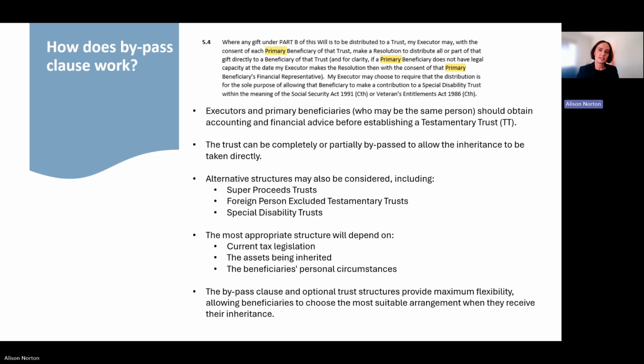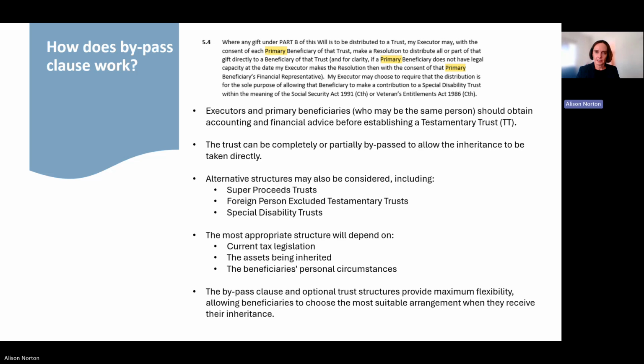Or if they decide to set up the trust, what assets to put in it. They don't have to put all of the assets in it. They can keep some out. They've got real flexibility about it. So they want to get that financial advice because it's going to depend whether it's a good idea at the time based on when you pass away.